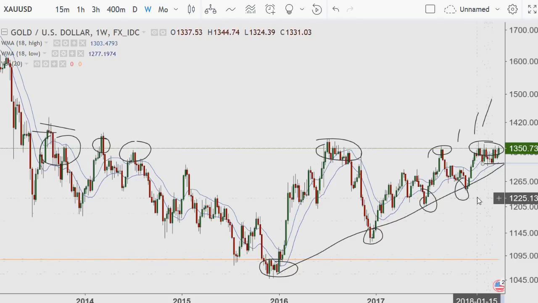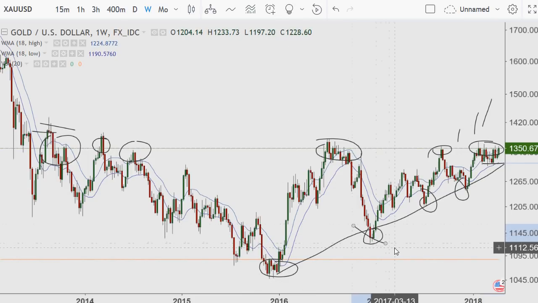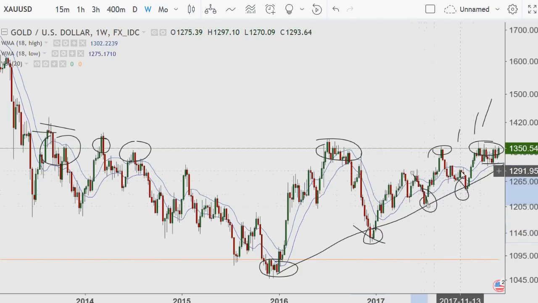But within each one, when we look at these lows, this one came after a major price decline. This one came after, well, from this high, this was a price decline. This in here had this price decline after this one.